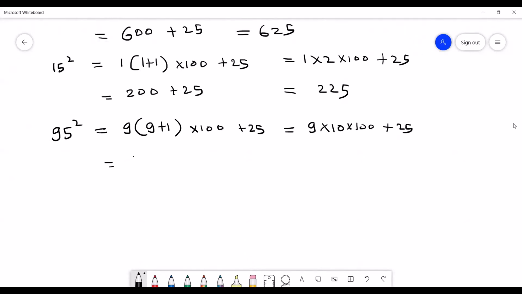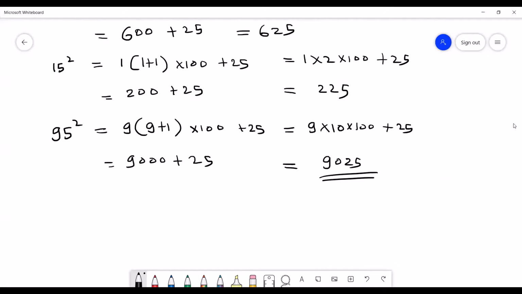That is 9,000 plus 25. So the square is coming as 9025. So how easily we could find this square. And these are the two patterns by which we can find the square of a number. I hope you could understand the first pattern as well as the second pattern.